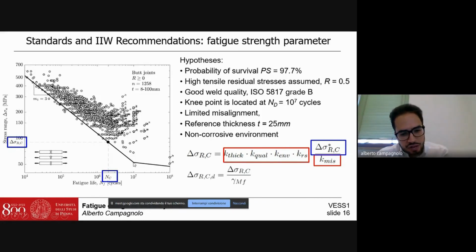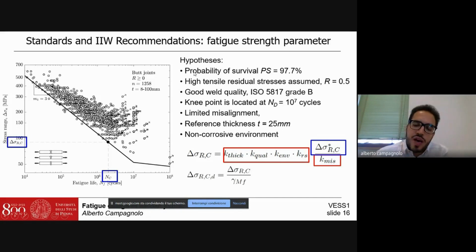And therefore, we can define an inverse slope which is equal to 22 for constant amplitude loading. In the case of variable amplitude loading, instead we can define a different slope, which is typically assumed equal to 5.